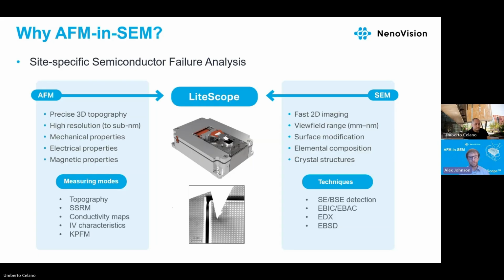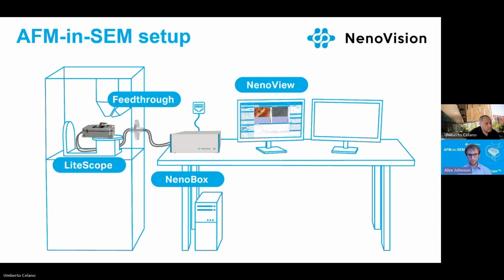So with the AFM focused on modes within topography, using scanning spreading resistance for dopant concentrations, conductivity maps, and IV characteristics for fault finding. And then in addition to that, within the SEM, we get the fast 2D imaging with the large range of view and being able to do things like surface modifications with PFIBs and looking at elemental compositions.